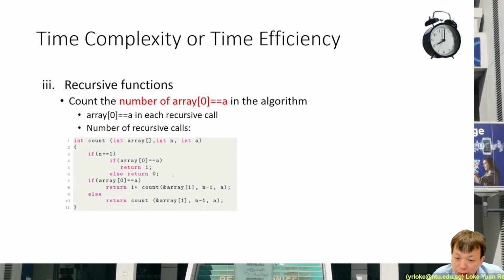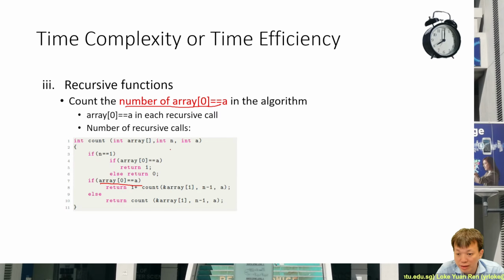Another example. Instead of counting all the primitive operations, I just want to know how many comparisons you did, comparing whether a number is equal to A. I just want to count the number of this particular operation.